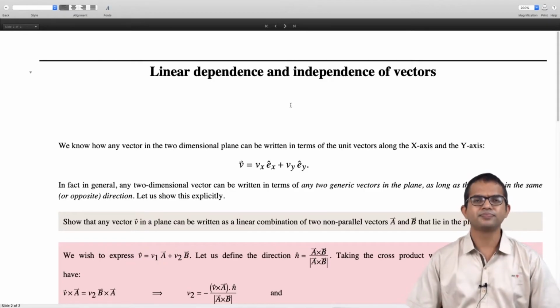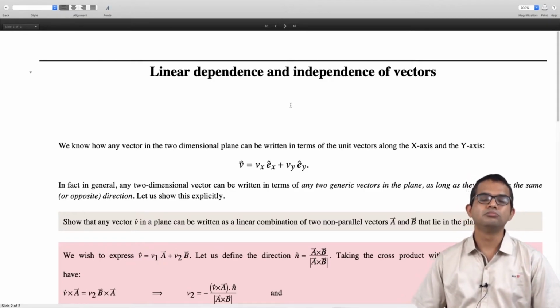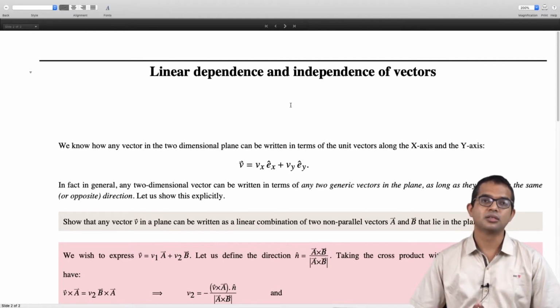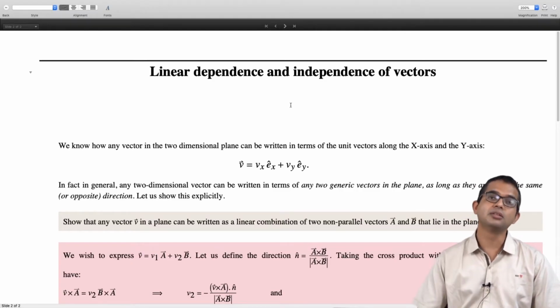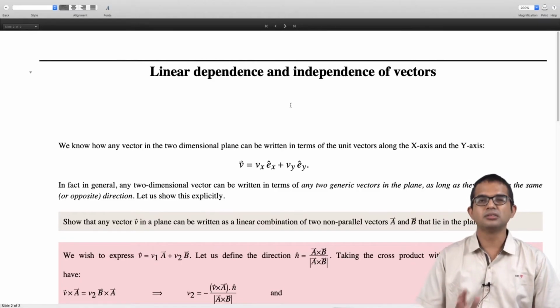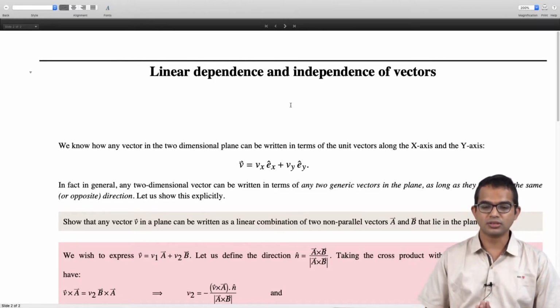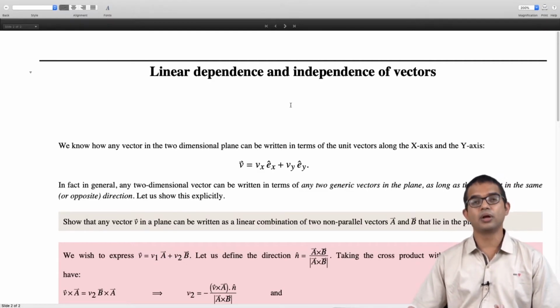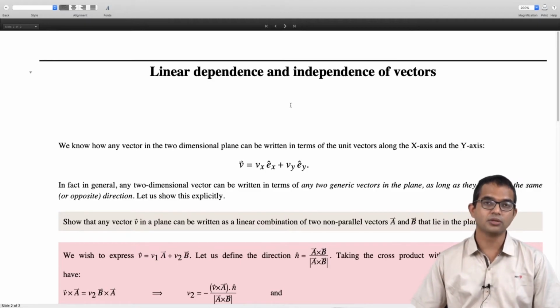But in fact, any generic two vectors which live in a certain plane can act as the vectors in terms of which any other vector in that space can be represented. As long as they are not parallel, not in the same direction or in the opposite direction, it's possible to write down any other vector in that plane in terms of these two vectors.